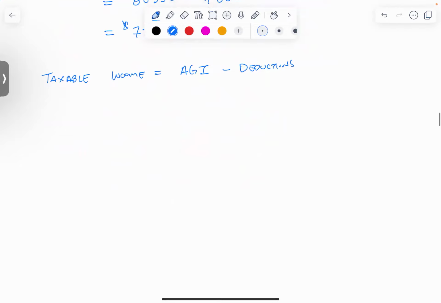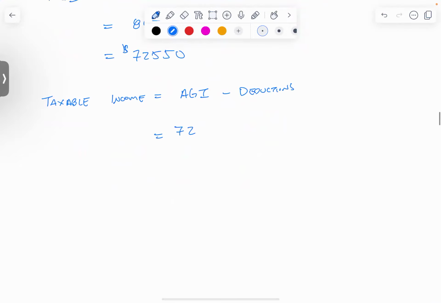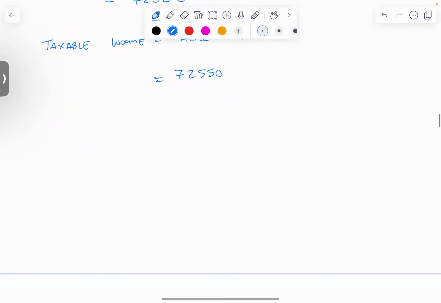So in order to do that, so we know our AGI, right, is the 72,550. And then basically we identify our standard deduction. And we compare that to the itemized deduction.